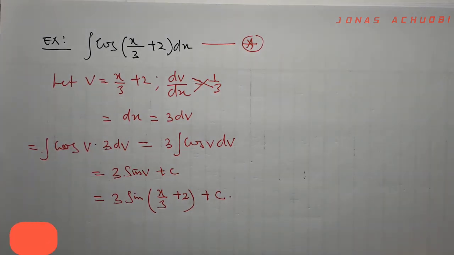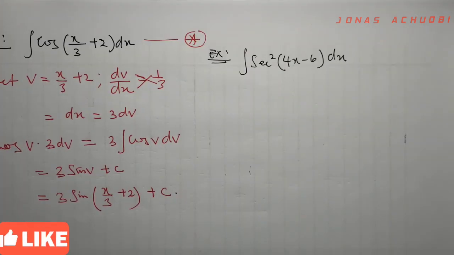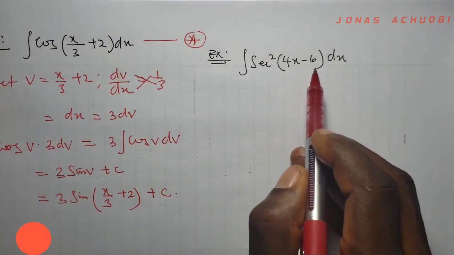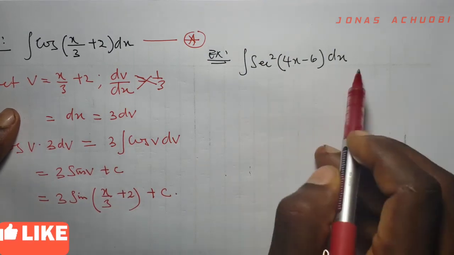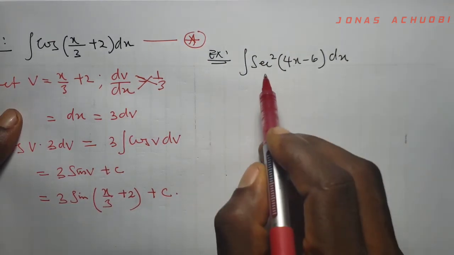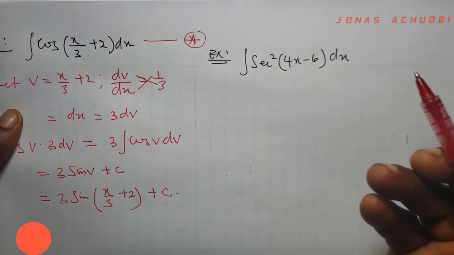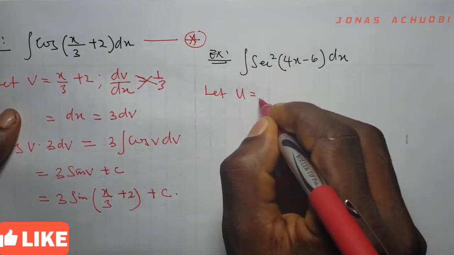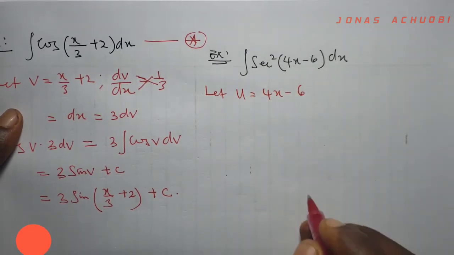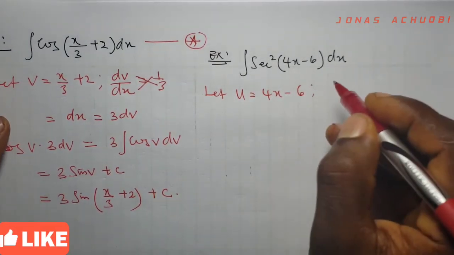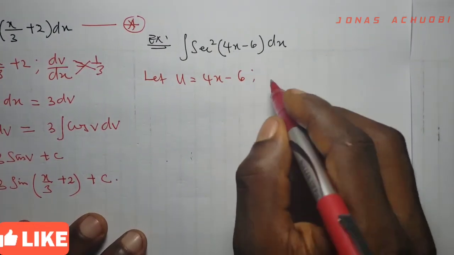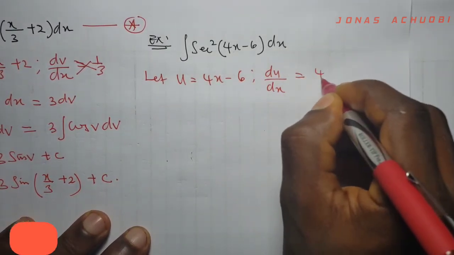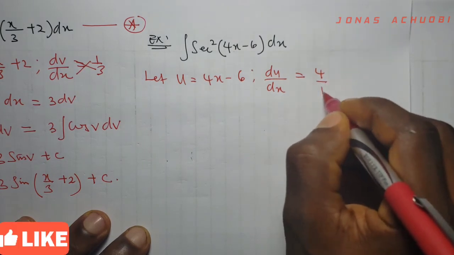So I want to take the last problem. We have the integral of sec squared(4x minus 6) with respect to x. To integrate this, we also see here a function that has another function in it. So let u again be 4x minus 6. We differentiate with respect to x. We have du/dx equal to 4, so you can say 4 over 1.